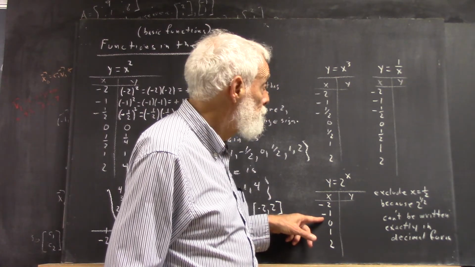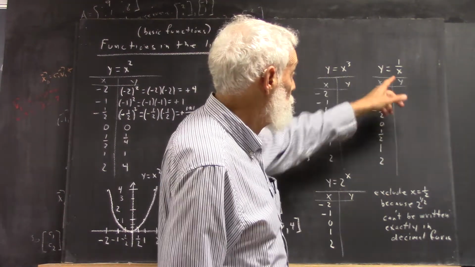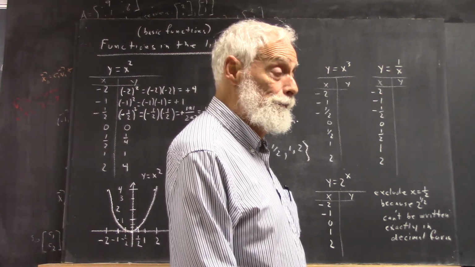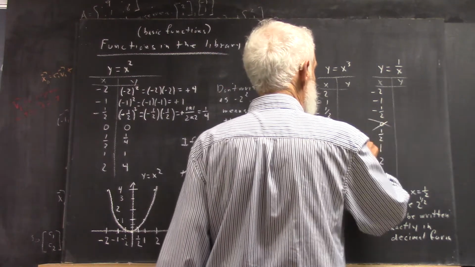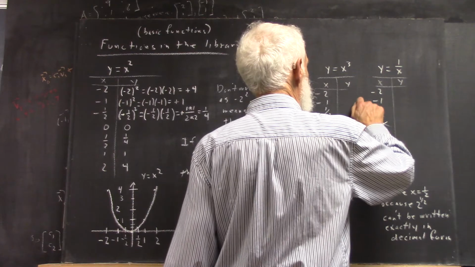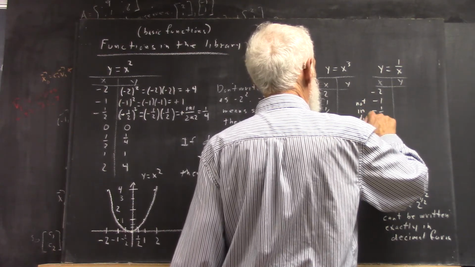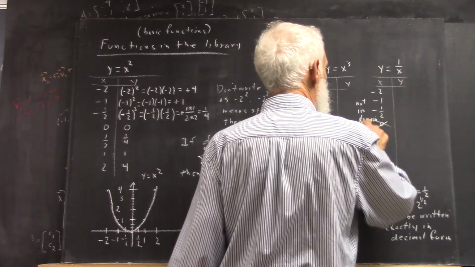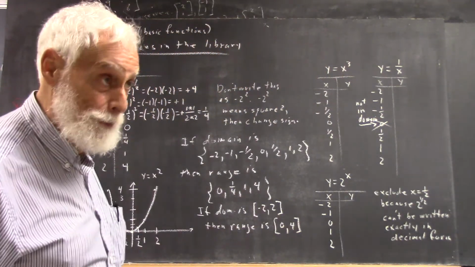And on this table, there's a number that's excluded from the domain of this function. What is it? 0? Yeah, so it's not in the domain, we just X it out. We don't use it.